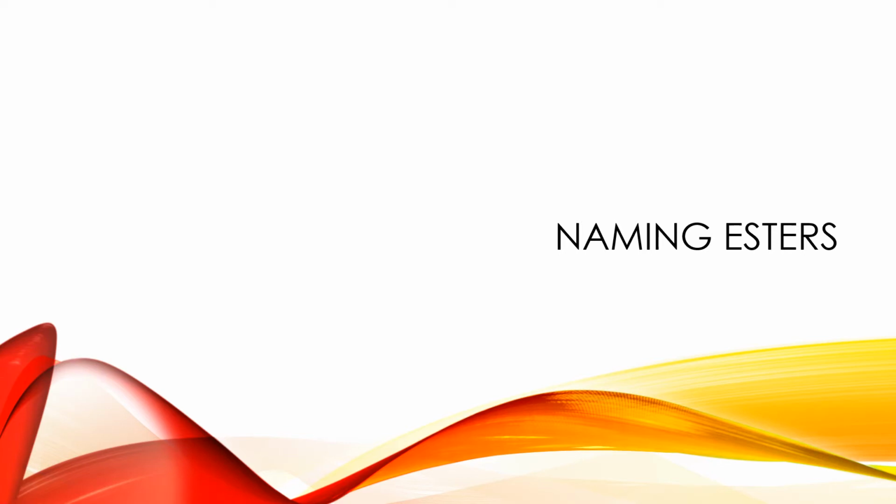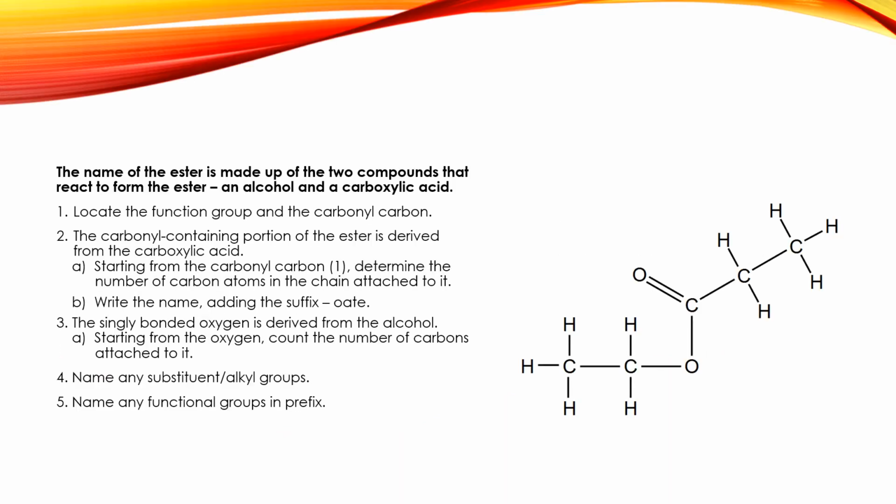Now let's look at how to name esters. These are a little bit more complicated in their naming than other compounds because they are made from an alcohol and a carboxylic acid, and we name accordingly. The first step is to locate the carbonyl group. I'm going to circle the ester group.